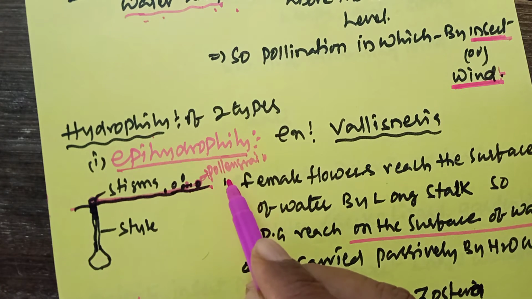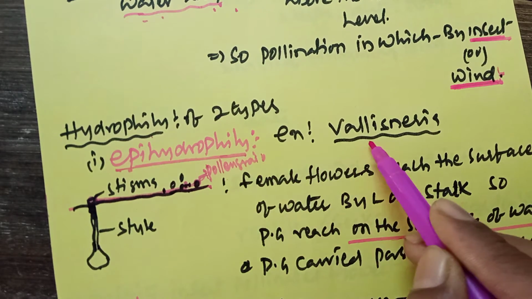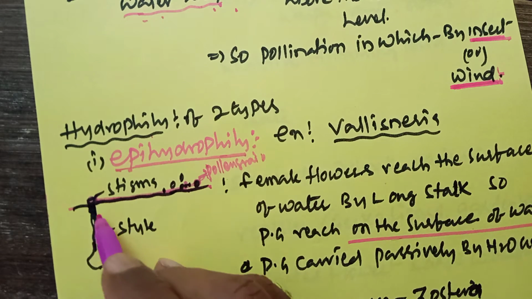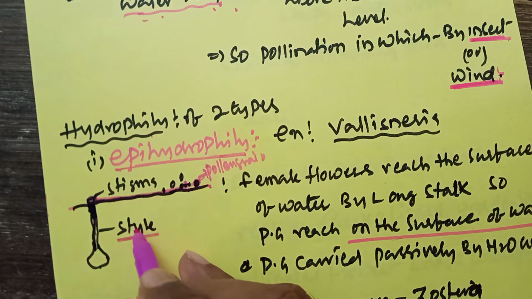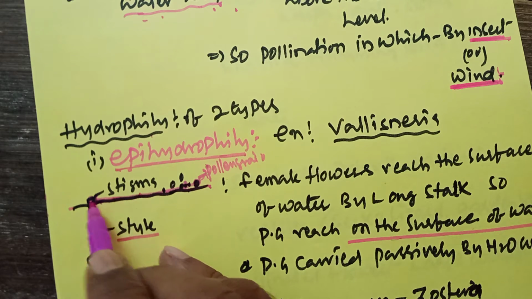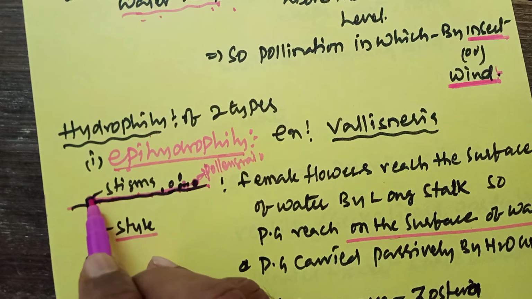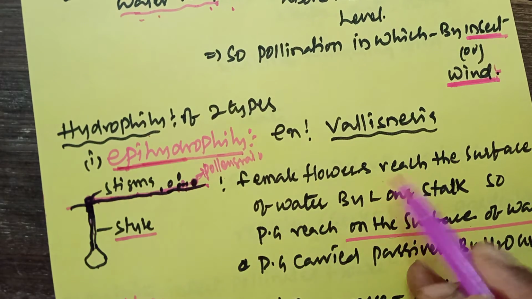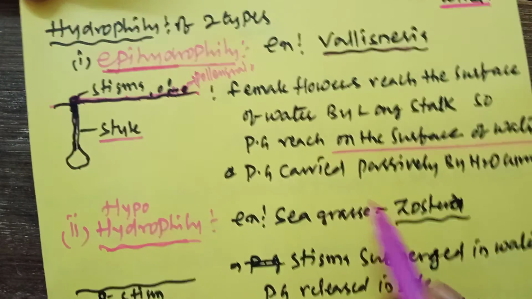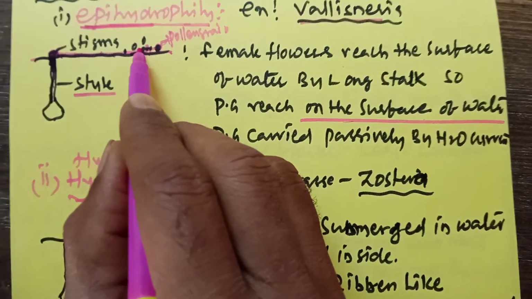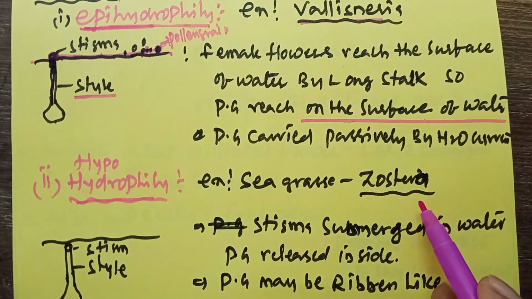This type of pollination is called epihydrophily. An example of epihydrophily is Vallisneria, in which the female flower has a large size, longer style and stigma. The stigma is above the water surface level, so that pollen grains reach the stigma. Best example, Vallisneria, very important. These pollen grains are very lightweight and passively transported through the water current.